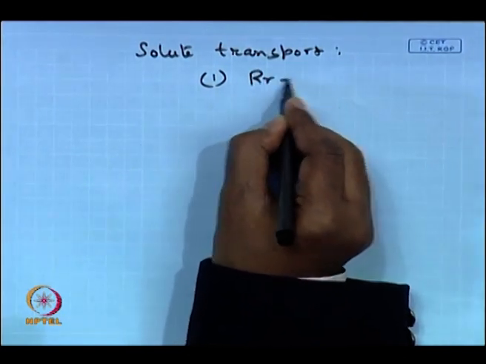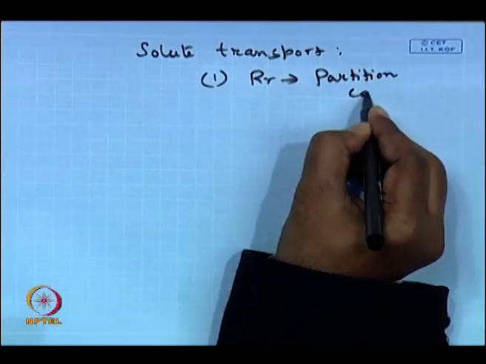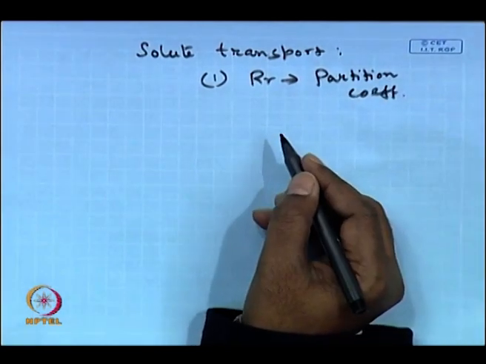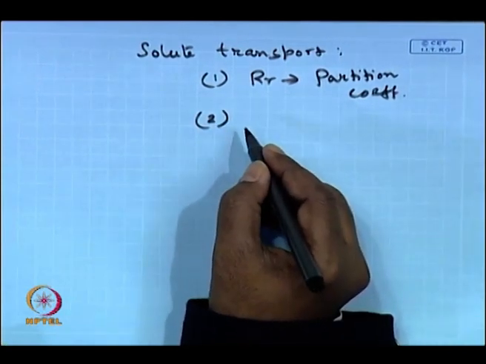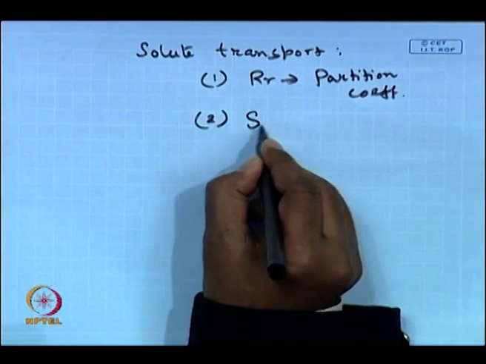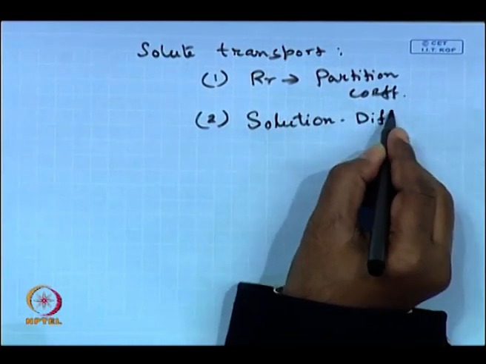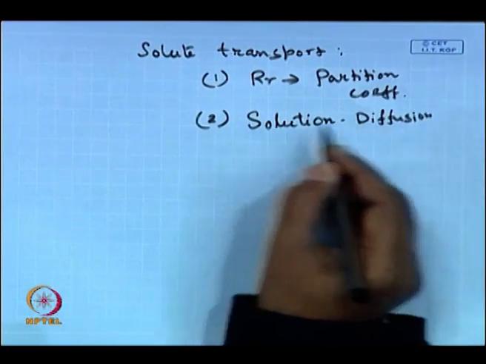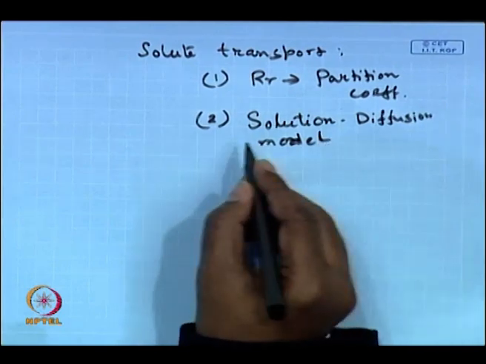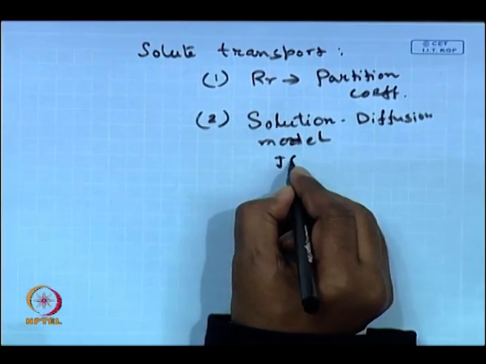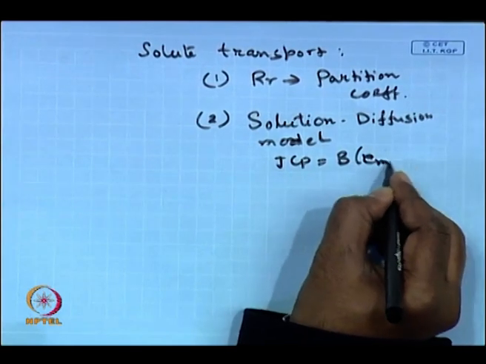One is the real retention, which is nothing but a partition coefficient between the solute concentration across the membrane surface. A more realistic way to describe this is the solution diffusion model, that is J times Cp is equal to B times (Cm minus Cp).